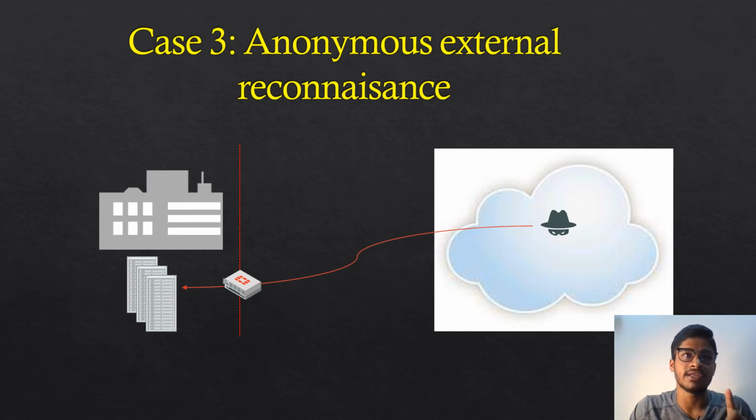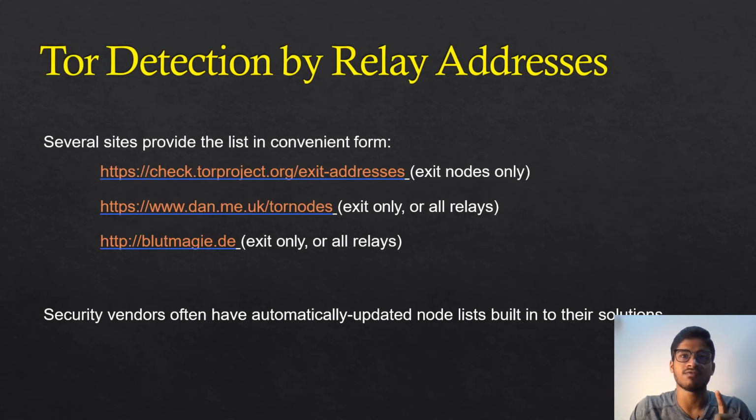What are the cases we spoke about? The first is the employee hosting a dark website, the employee managing to visit a dark website, and also externally we are tracking them down.